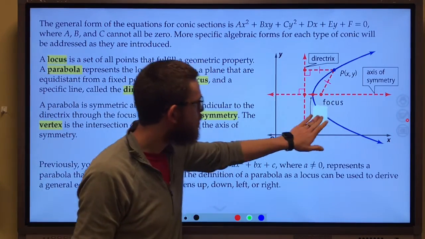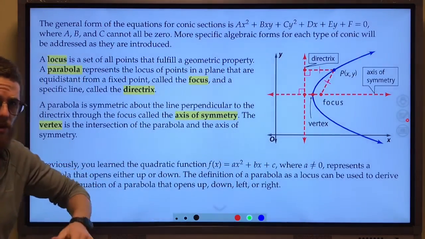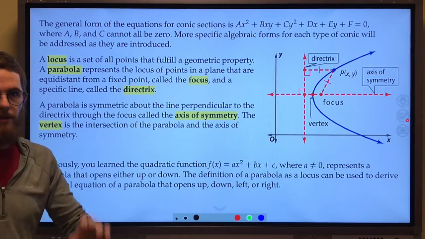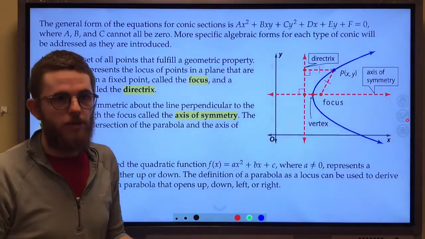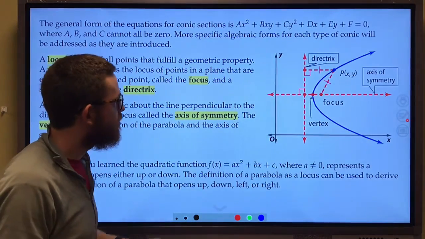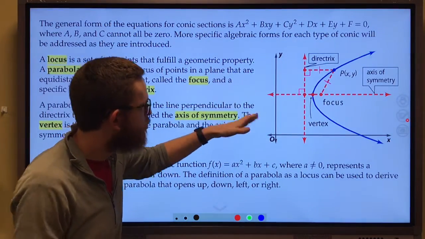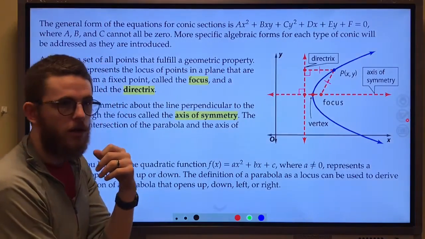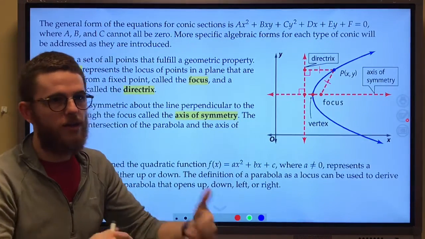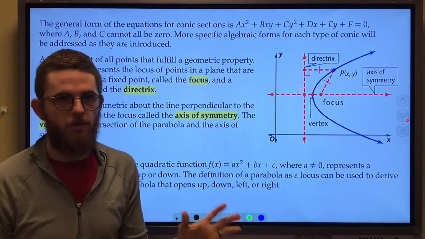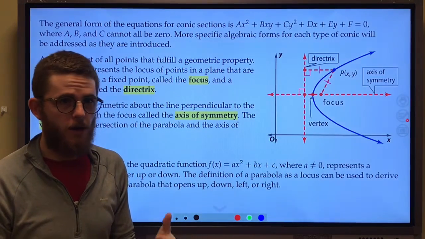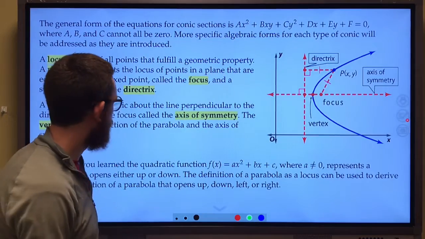All right. So as much as you probably want to just say, that's a lot, I'll just figure everything out without this, understanding this picture right here of what's going on is key to understanding everything else we do when it comes to parabolas and their role in this whole conic section thing.